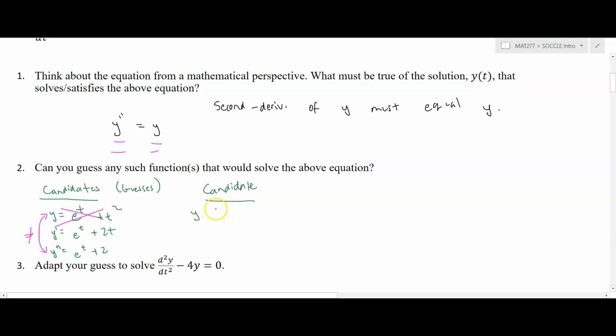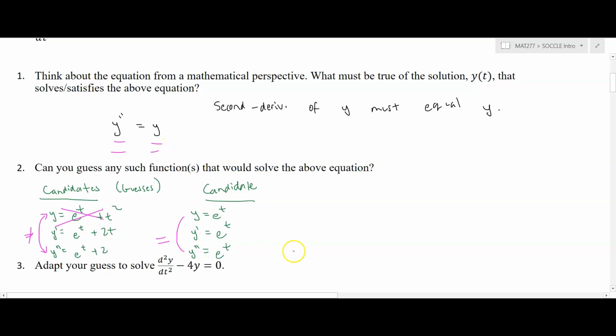So if I take e to the t, now y prime equals e to the t, and y double prime equals e to the t, I see that that does, in fact, work here. The reason I see that it works is because these two are equal, and I want to make sure that they're equal before I claim that they are, in fact, solutions.